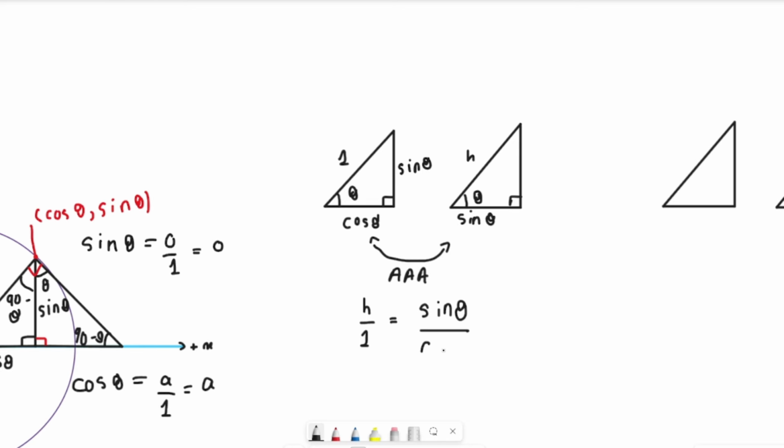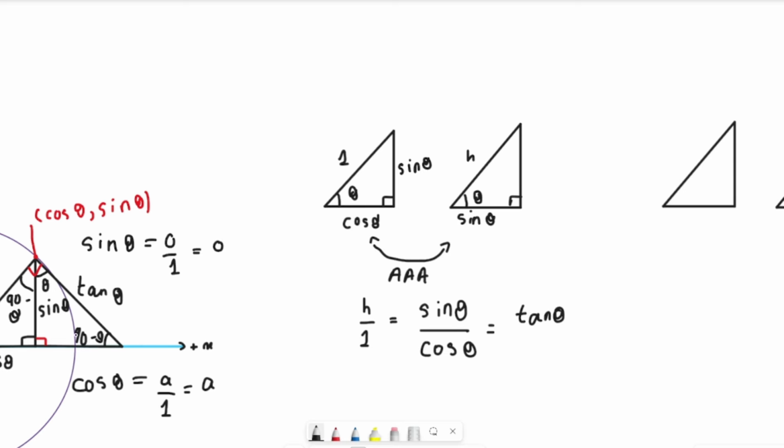I can get, since it's divided by 1, I can just ignore this, which means that h is equal to sine theta over cosine theta, which we know is tan theta. So that means that this line on this triangle, which I found out here, which is h, is tan theta.